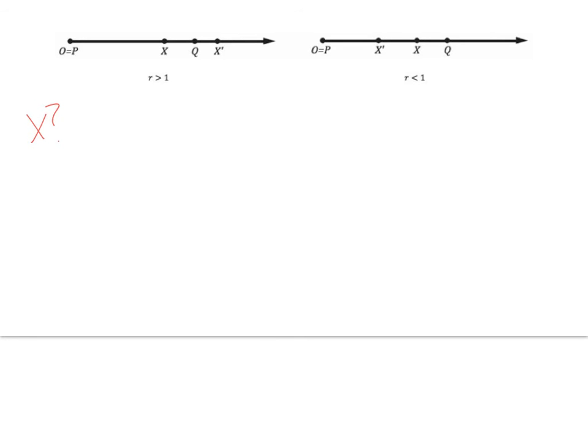So for this one, we see that OX gets dilated to OX prime. So the dilation sends X to X prime on ray OX. So really we see that OX prime is equal to the scale factor times OX, right?